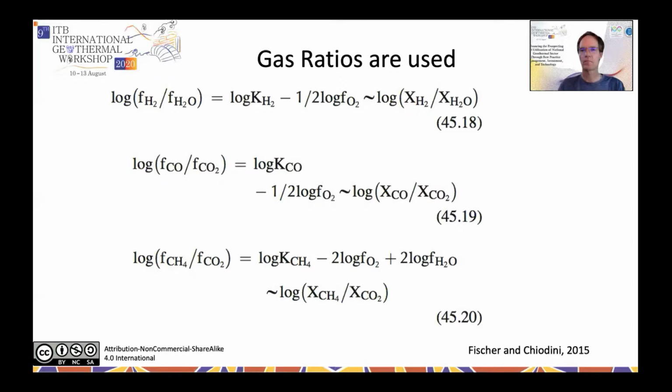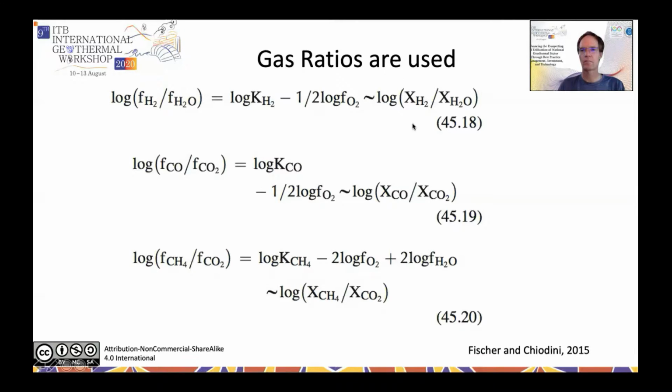What I show here are some of these key gas ratios. The log X hydrogen to water ratio is an important one, and it essentially relates to the fugacity through that relationship with the equilibrium constant.